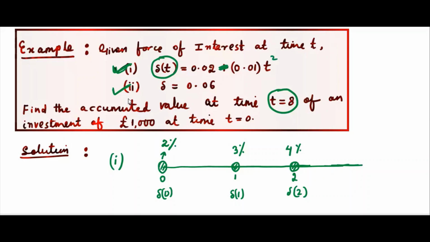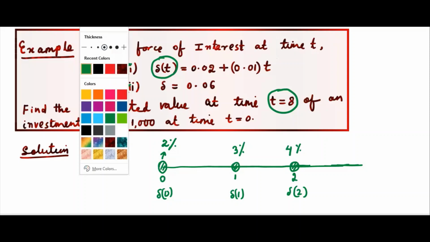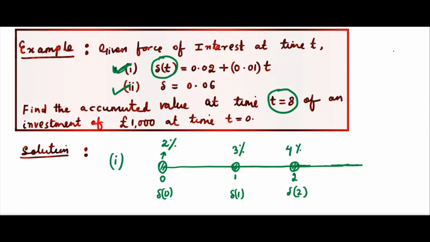If I write a different function, you will have a different delta t. This is force of interest. This will vary from time to time. And you have to know whether it's increasing or decreasing, whatever way it is. You have to use the formula to find the final accumulated value.